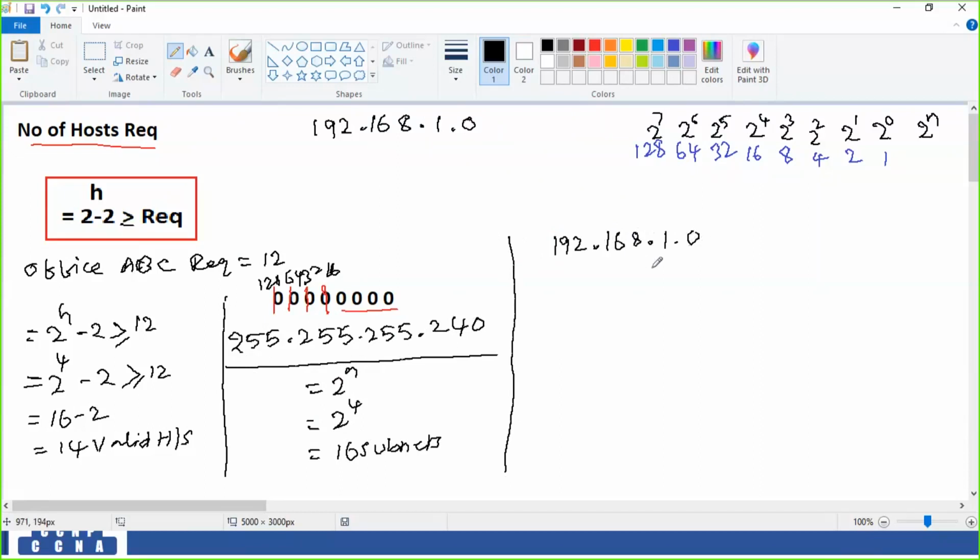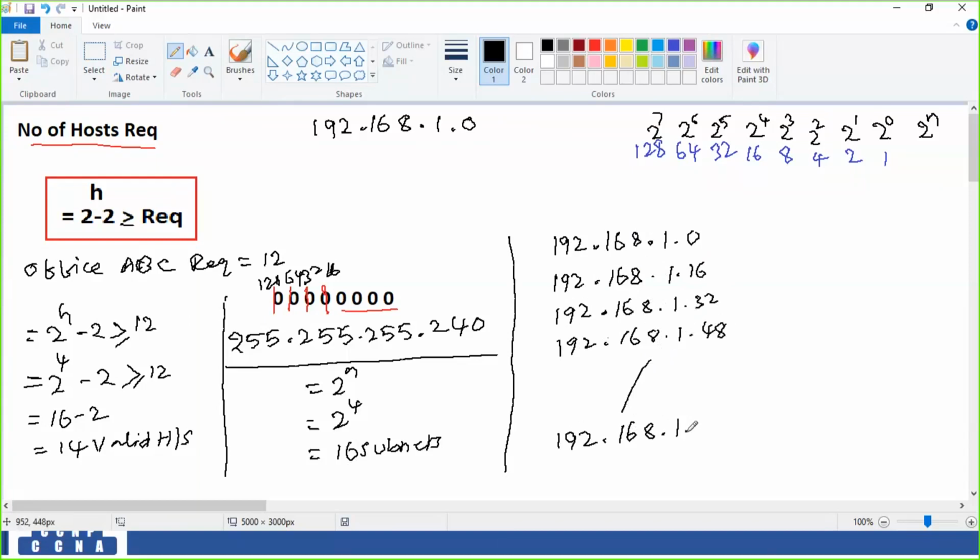Start from the first network, the base network 1.0, and keep incrementing by 16: 1.16, 1.32, 1.48. At last, the subnet will be 192.168.1.240 and the broadcast ID will be 192.168.1.255.